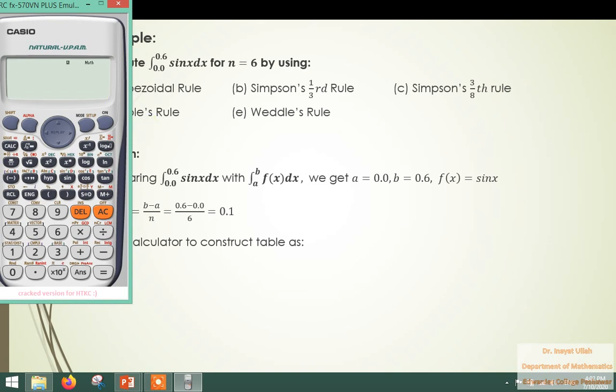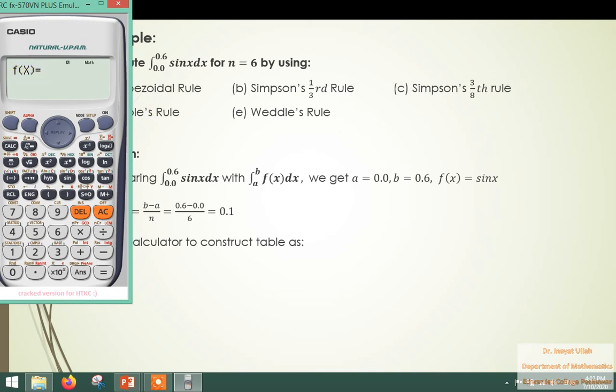Now we need to construct the table for this function sine x. How could we construct a table for a function? You need to press the mode key. There is one option, table, and this table is associated with 7. So press 7. The calculator will ask what is f of x.